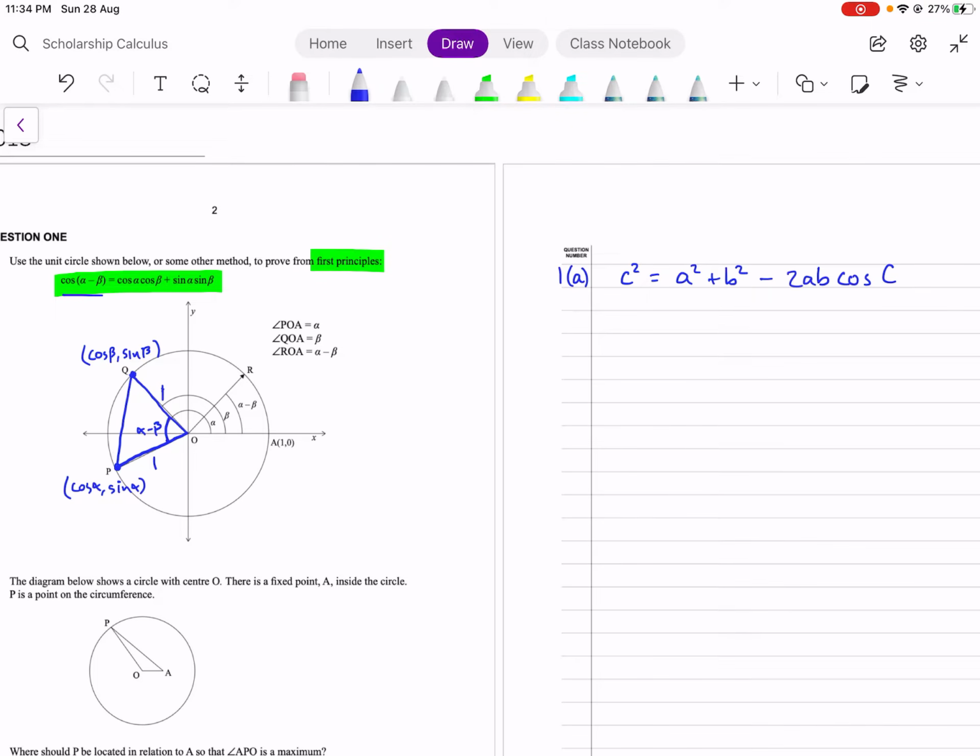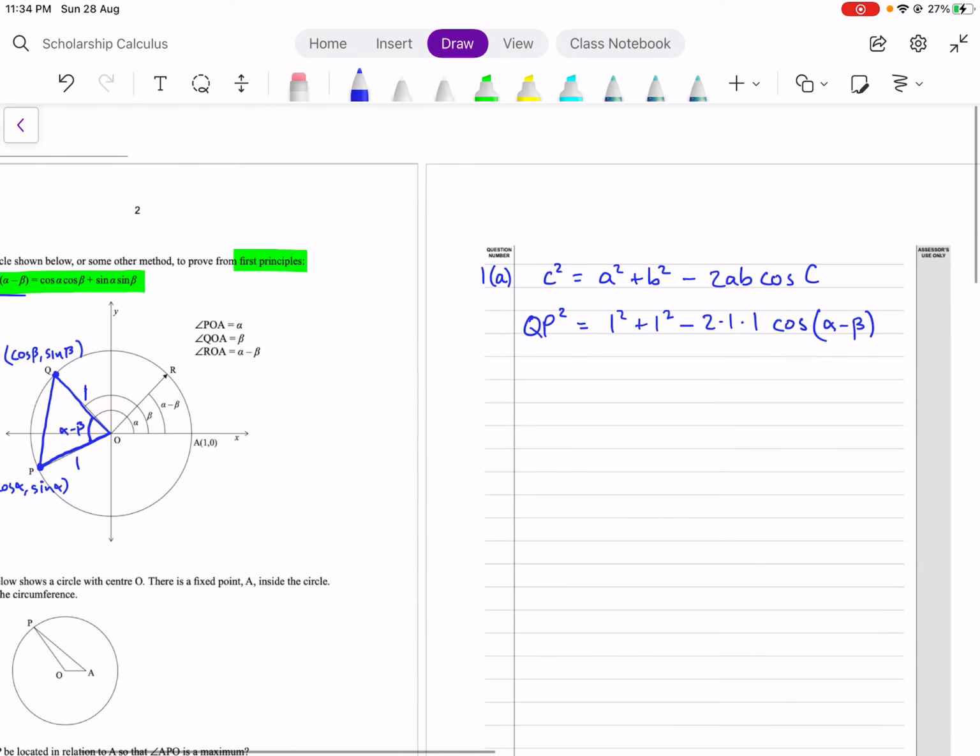So c squared, which is QP squared, a and b are the sides 1 and 1, so 1 squared plus 1 squared minus 2 times 1 cos of alpha minus beta. The only thing you need to know with this notation is that little c will be opposite capital C, the angle. The angles A and B will be opposite the sides a and b.